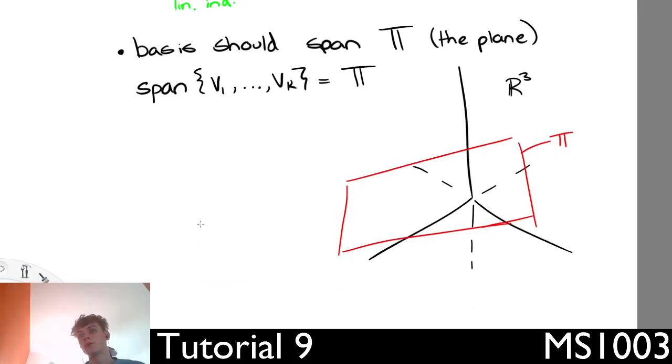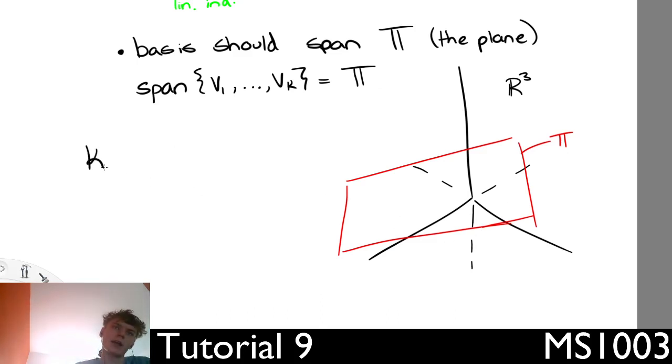Obviously, a plane is a two-dimensional space, right? It's a 2D, like a sheet of paper. Two-dimensional. So you should only need two vectors in your basis in order to span pi.